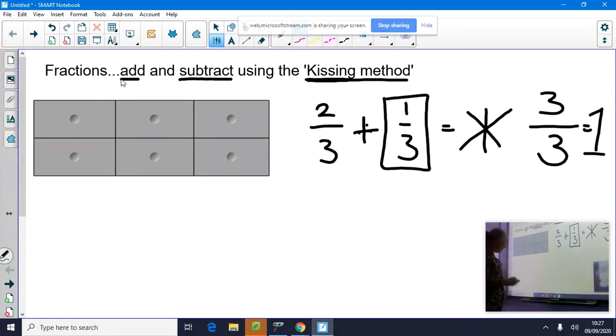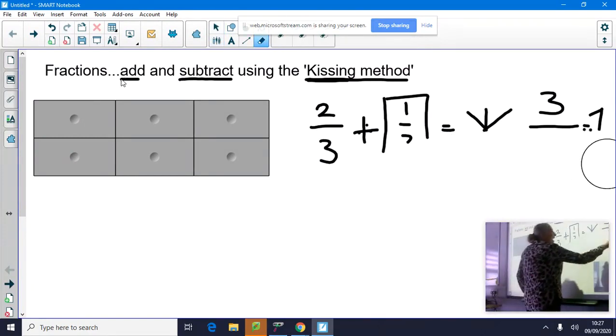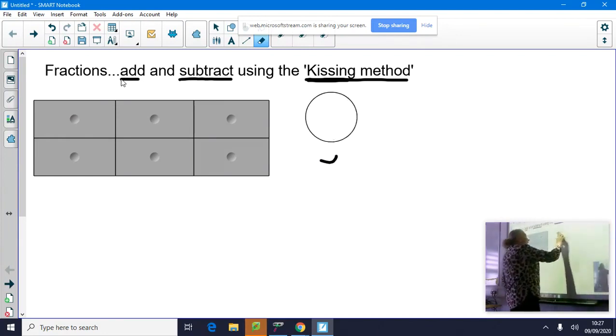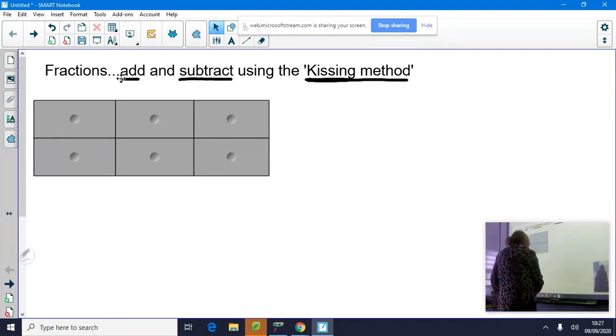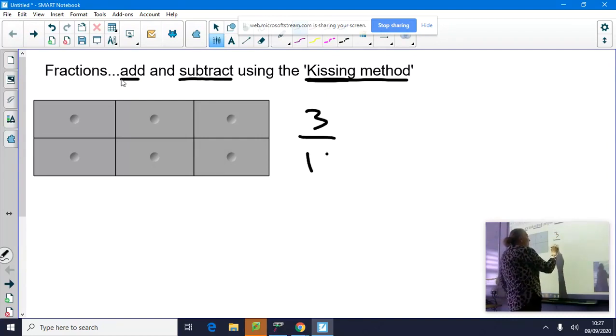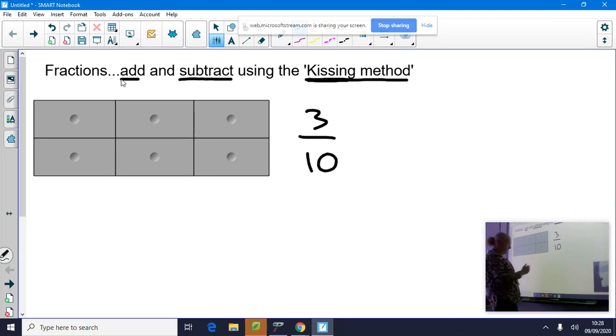Okay, so if we had 3/10 and I wanted to make that to 1, what fraction would I need to add on to it? Yeah, exactly.